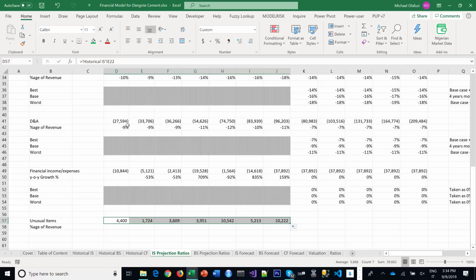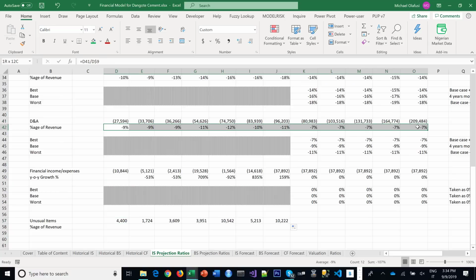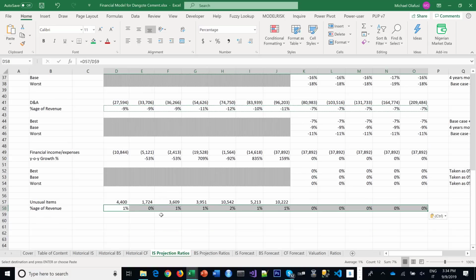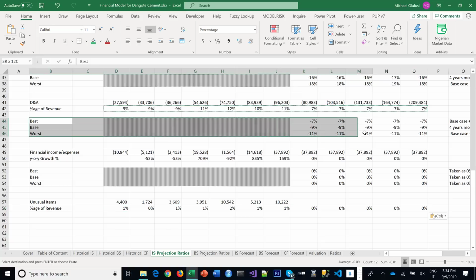and I can use, as we have been doing for the ones that are year-on-year growth, percentage of revenue.